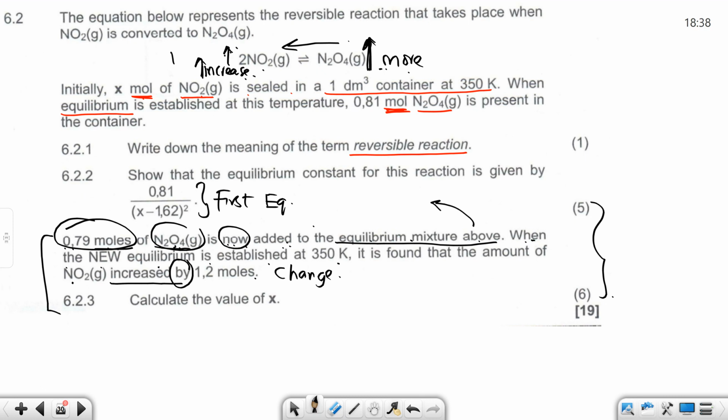Hold on, let's ask ourselves, what disturbs the system? Human factors. And what are we changing? It's either we change concentration, or temperature, or pressure. We are the ones doing the disturbance. So what have we done this time around? We have changed concentration by adding more moles.